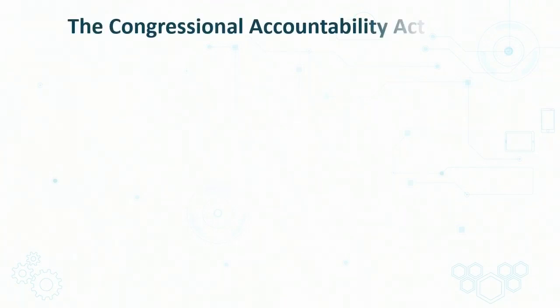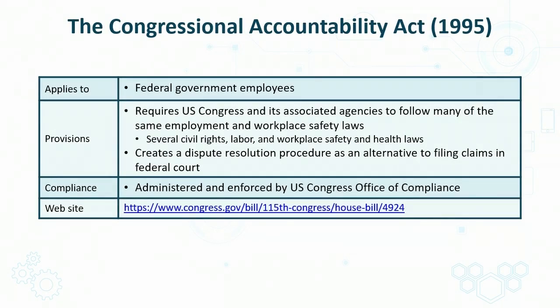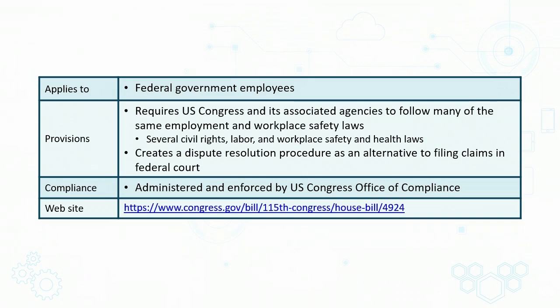The Congressional Accountability Act of 1995. The Congressional Accountability Act of 1995 is the first piece of legislation passed by the 104th United States Congress. It applied several civil rights, labor, and workplace safety and health laws to the United States Congress and its associated agencies, requiring them to follow many of the same employment and workplace safety laws applied to businesses and the federal government.